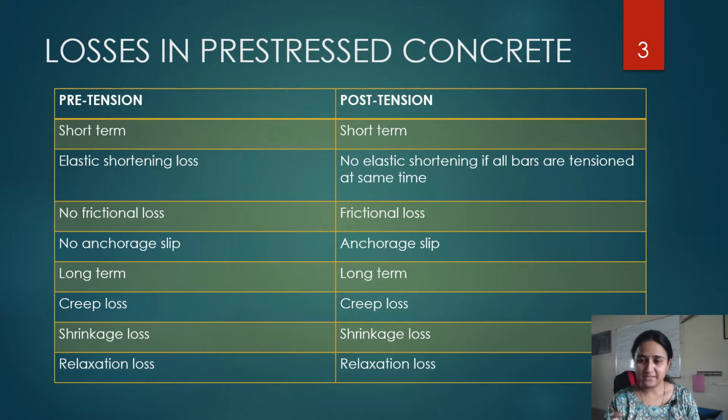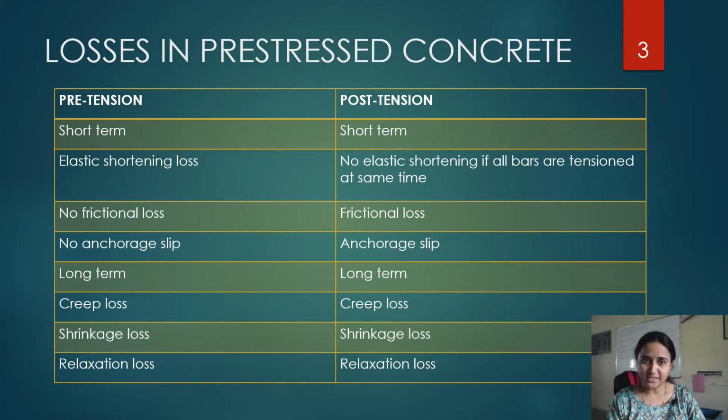So at this stage there is some elastic shortening loss in the steel. In post-tensioning there is no elastic shortening loss, as we apply tension to all the tendons at the same time.